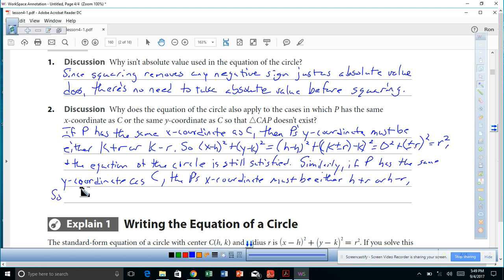So x minus h squared plus y minus k squared would equal h plus or minus r minus h squared plus k minus k squared, which would equal plus or minus r squared plus 0 squared, which would still equal r squared.